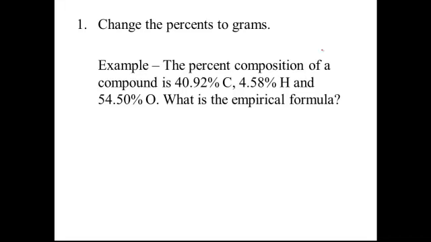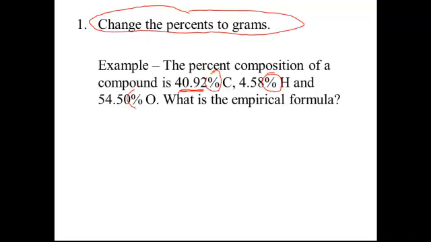So if we're given this problem, it says the percent composition of a compound is 40.92% carbon, 4.58% hydrogen, and 54.50% oxygen. What is the empirical formula? The first thing you have to do is change the percent signs to grams.